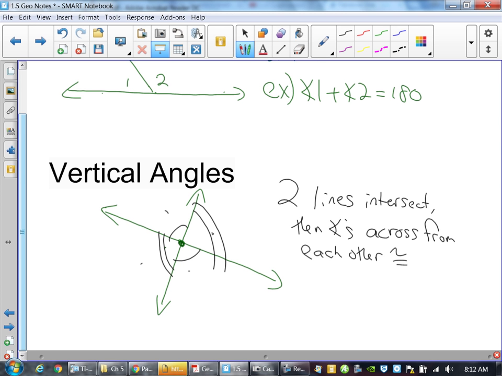So if I go from here to here, that's 180 degrees, then I work my way back, I'm at 360 degrees. Anytime you go all the way around these 4 angles where 2 lines intersect, it's always going to be 360 degrees.